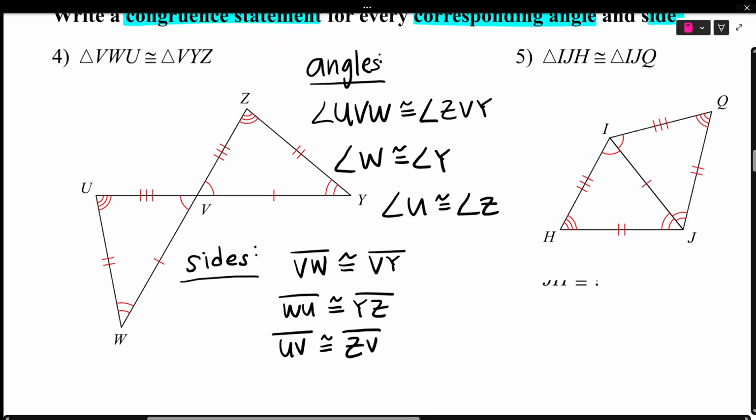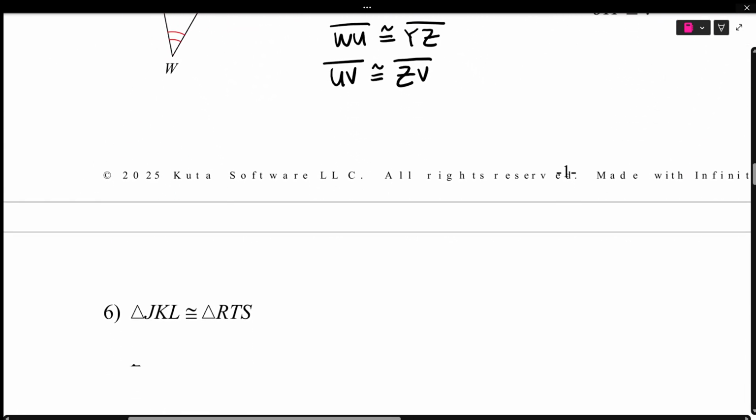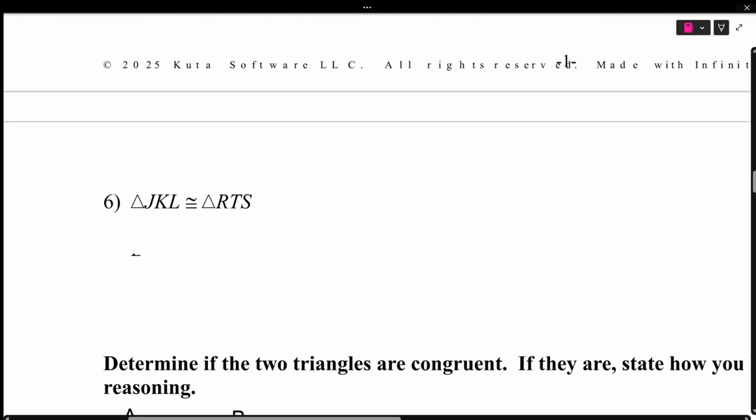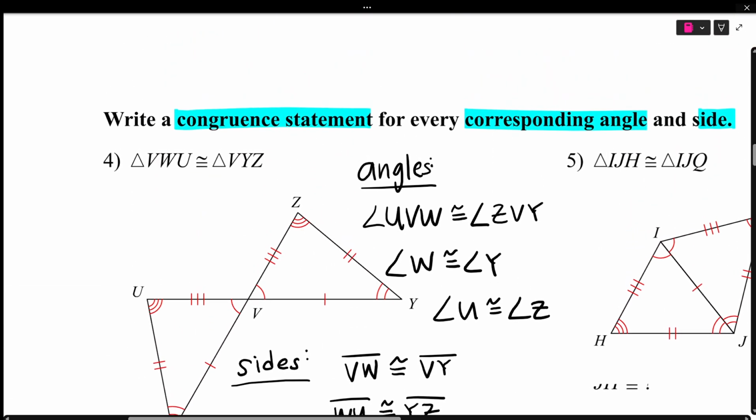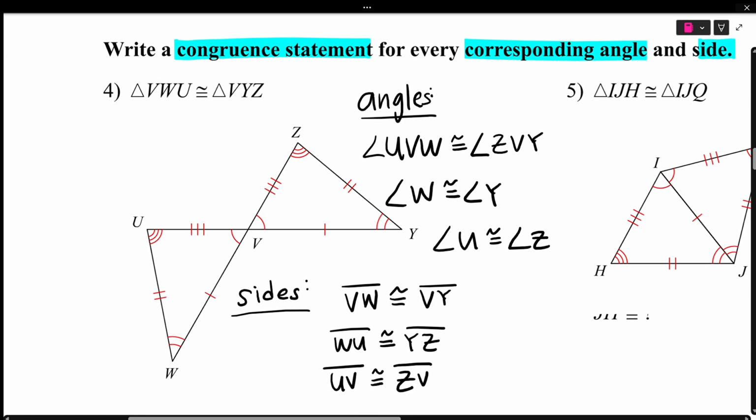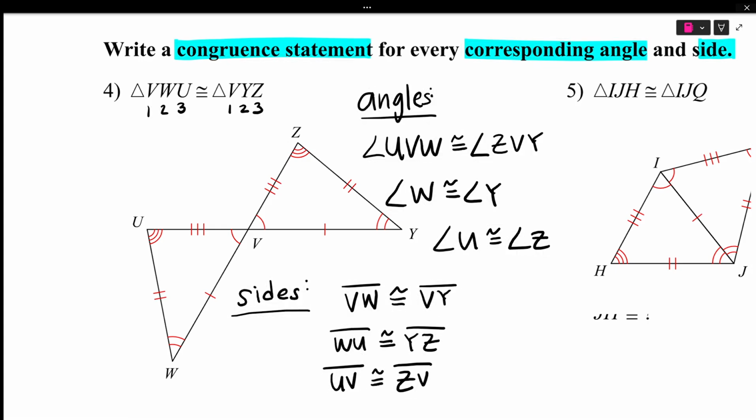Now I also want to say, for number 6, notice how there's no picture, but you still have to do the same thing. So remember, if I use number 4 as an example, you want to pay attention to the order of the letters in the statement here, right? Notice how W and Y are both the second letters on each triangle and they're congruent.